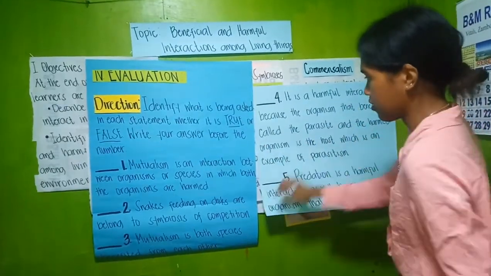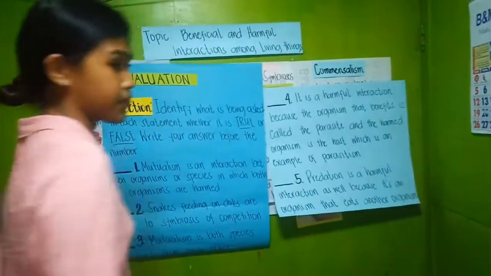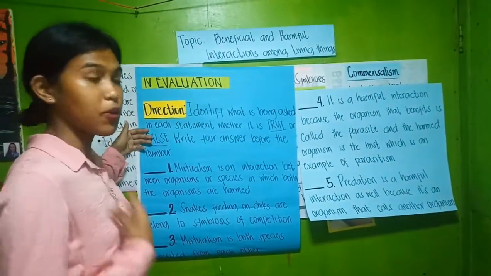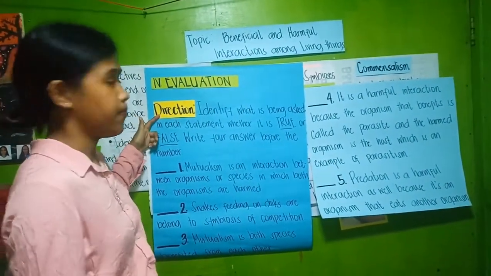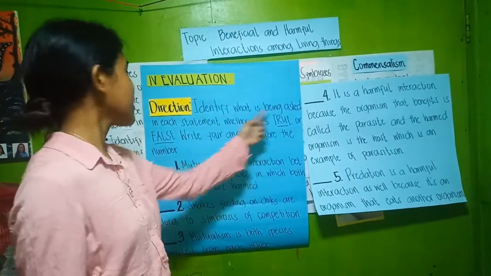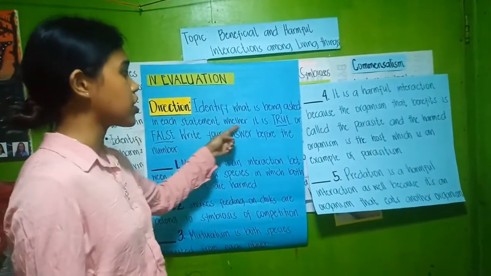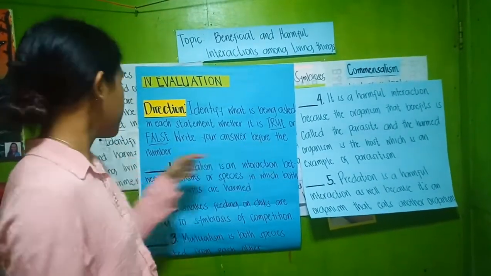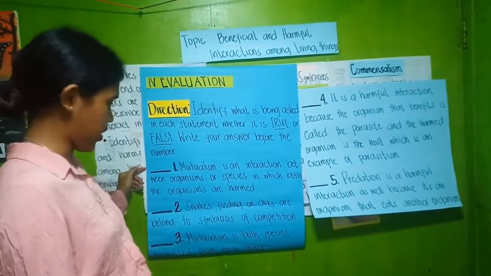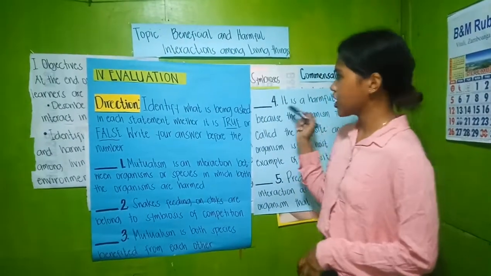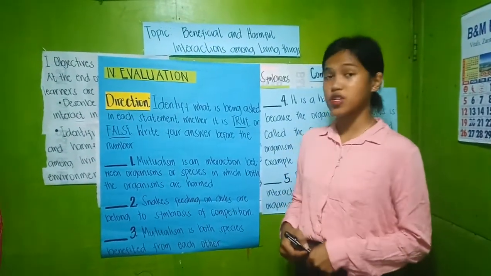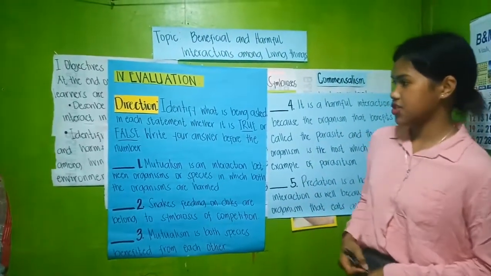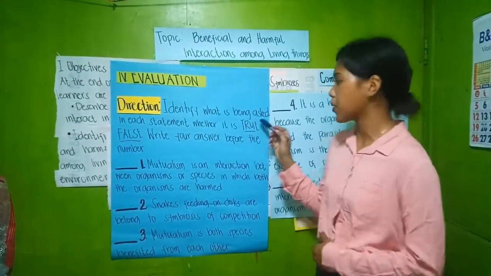Okay. For our evaluation, allow me to read the direction. Direction: Identify what is being asked in each statement, whether it is true or false. Write your answers before the number. Okay. Time's up. So, exchange your paper with your seatmate and write "corrected by." So, let's check your paper.